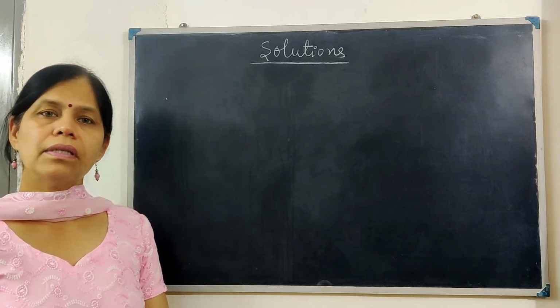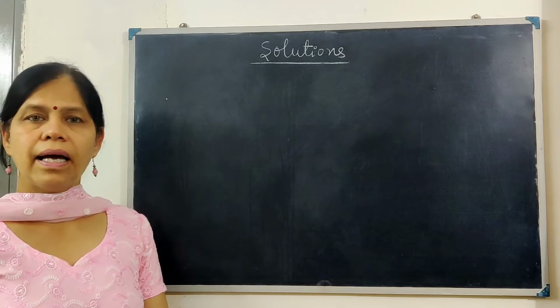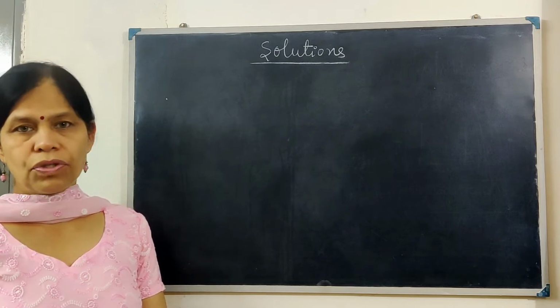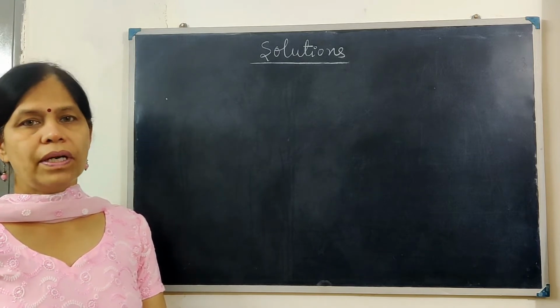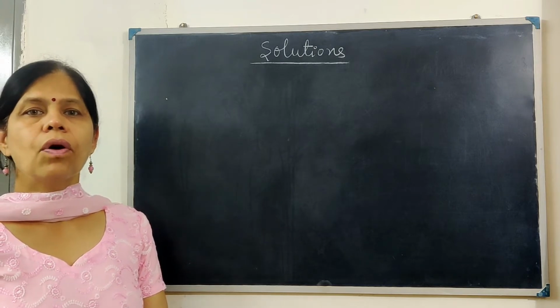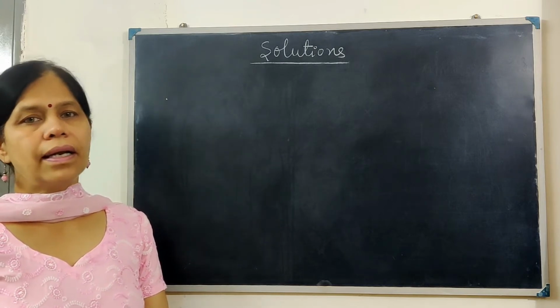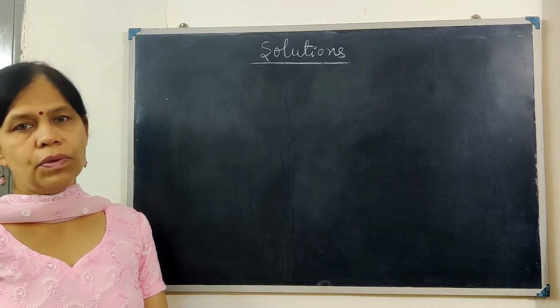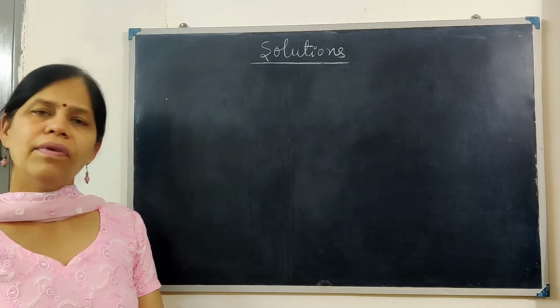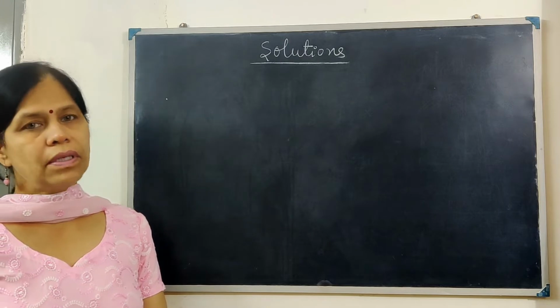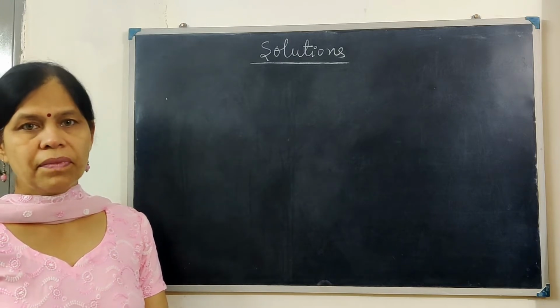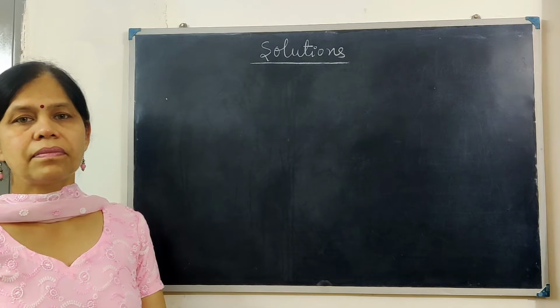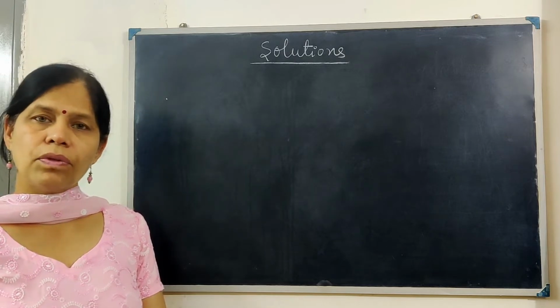We have also discussed Raoult's law, which states that for a solution containing two volatile components, the partial pressure of each component is directly proportional to the mole fraction of that component in the solution. Then we have discussed that Raoult's law is a special case of Henry's law. Then the graphical representation of Raoult's law.